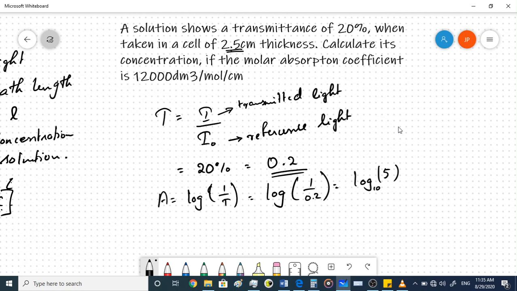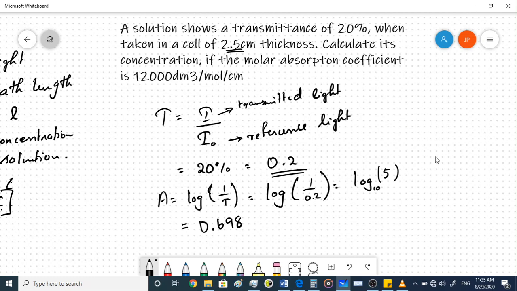Let's calculate this. It comes out as 0.698.